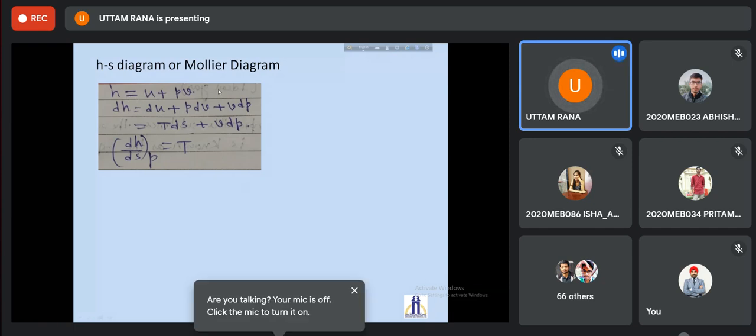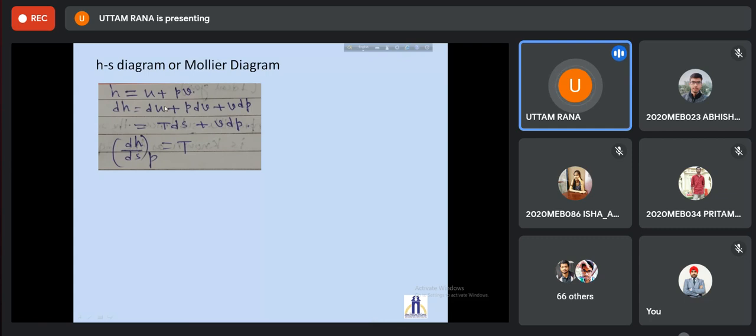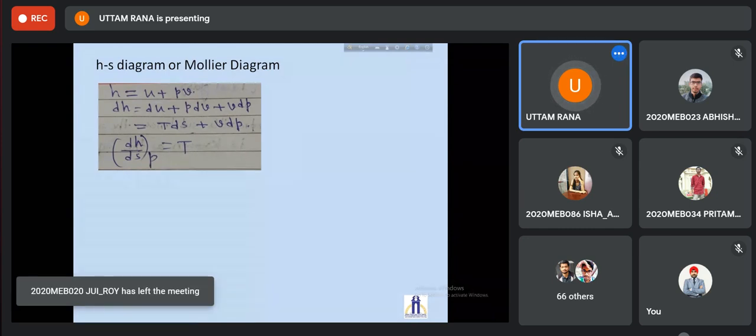So first look into what H is. H is enthalpy. Enthalpy is a combined property, which is U plus PV. And dH can be written, if you take the derivative, as dU plus PdV plus VdP. Now dU plus PdV, what is it? Can you tell me? From the first law, this is dq.